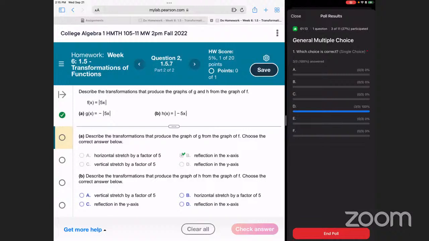For part B, now we're multiplying inside our basic function, so it should cause a horizontal change. So then if it's causing a horizontal change, let's get one more vote. We just need one more person. Multiplying the inside by a negative should cause a horizontal change, so it should be almost like the reverse of the previous, right? Okay.